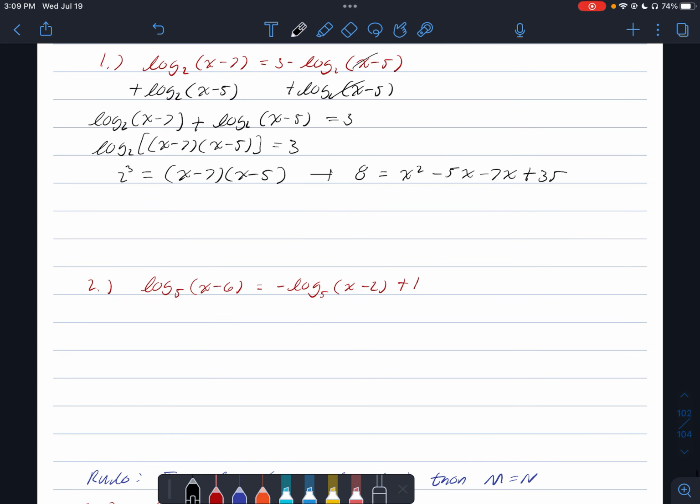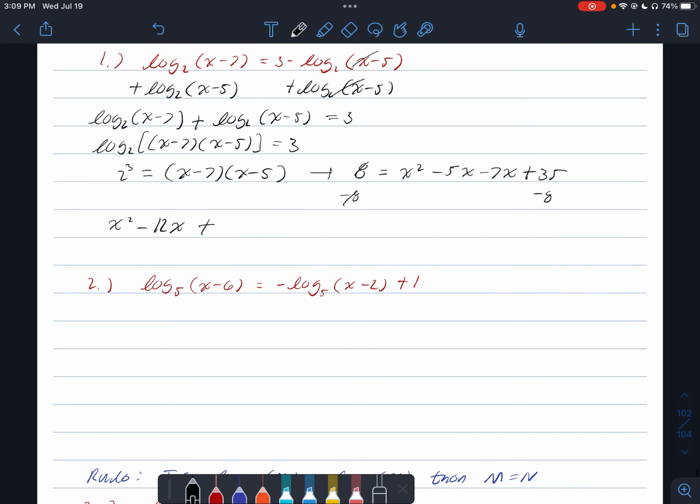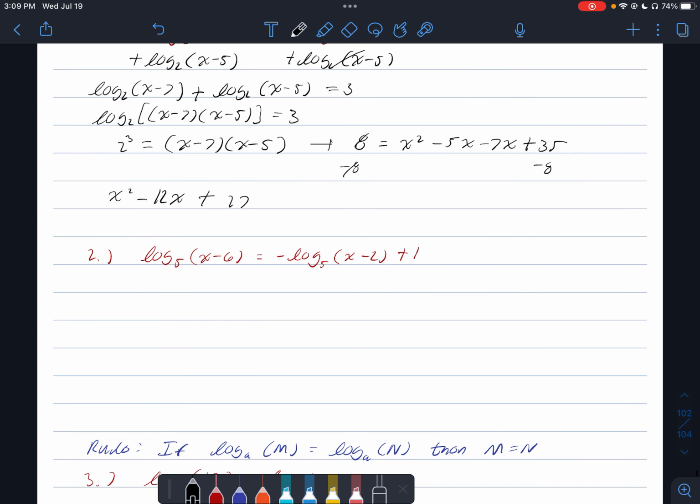Okay? So if we take 8 away from both sides, we will end up with x squared minus 12x plus 27 is equal to 0.